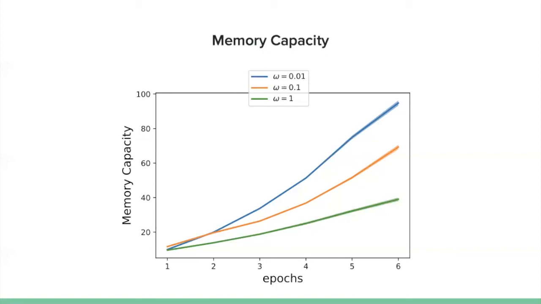And overall, we can observe a substantial improvement, from a factor of approximately 4 for omega equal to 1, the green line, up to a factor of improvement approximately equal to 9 for omega equal to 0.01, the blue line.